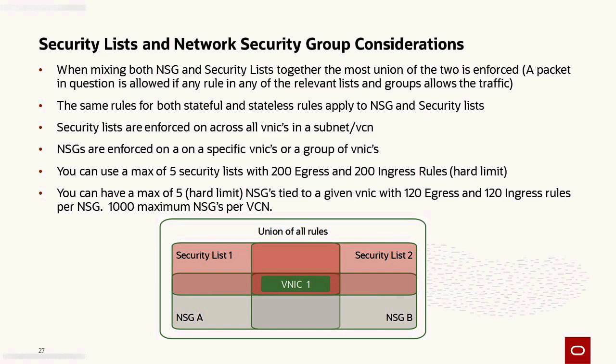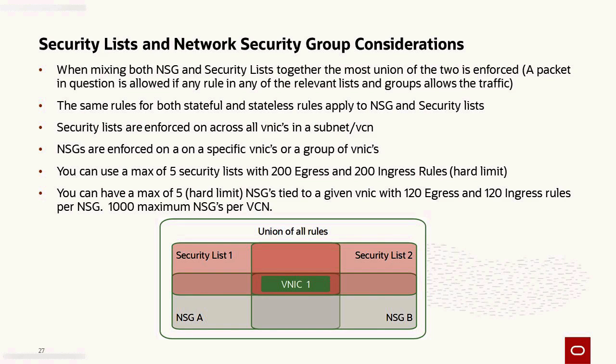To wrap up the comparison of network security groups and security lists, we can say that they both have distinct functions. A security list applies security rules to all the VNICs in a subnet. In contrast, a network security group applies a set of security rules to a specific group of VNICs chosen by you.